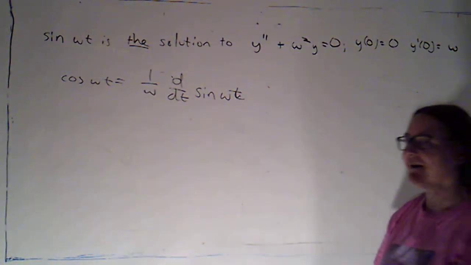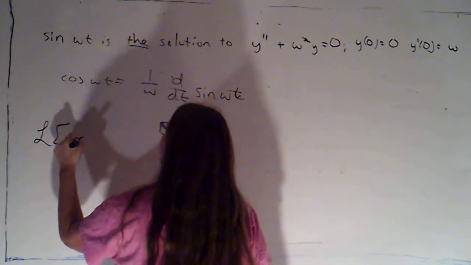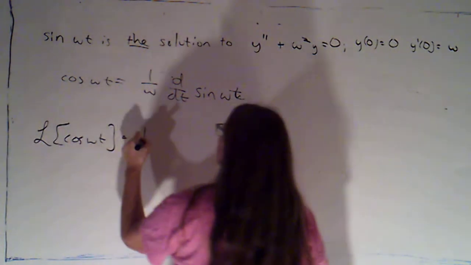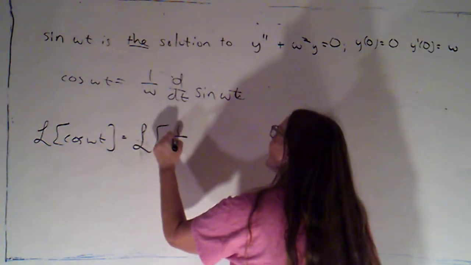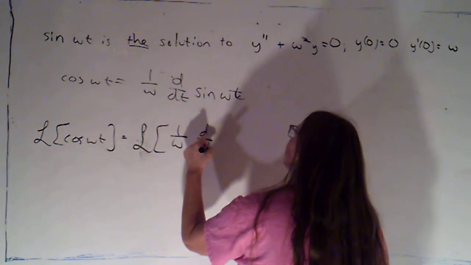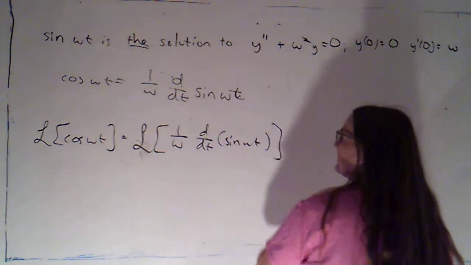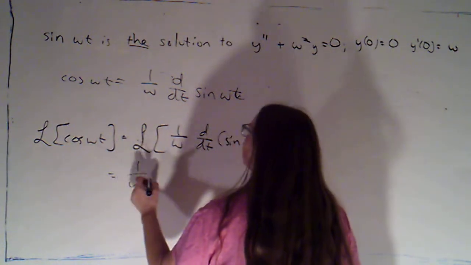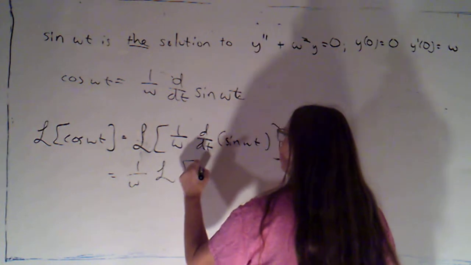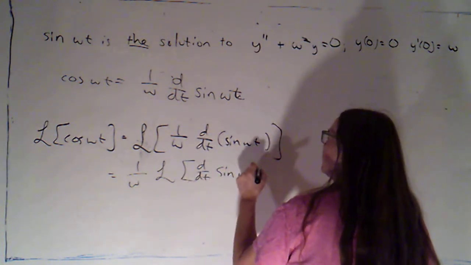This is very exciting, because now I can say the Laplace transform of cosine omega t is the Laplace transform of 1 over omega times the derivative of sine omega t, which is going to be 1 over omega times the Laplace transform of the derivative of sine omega t.